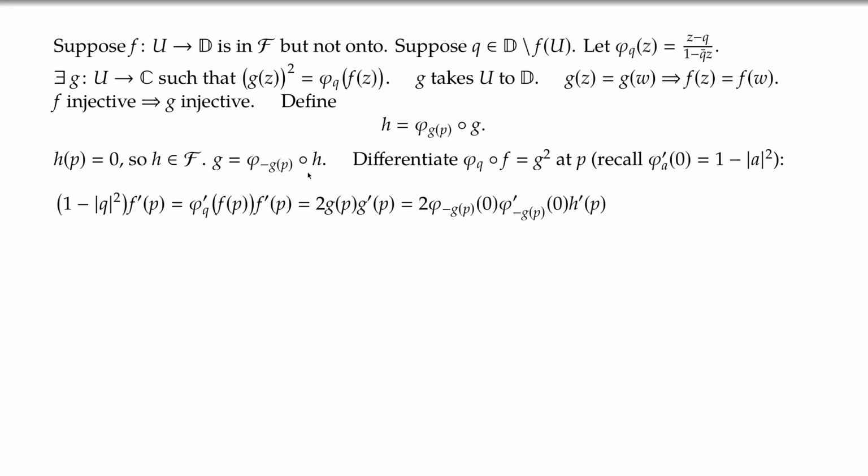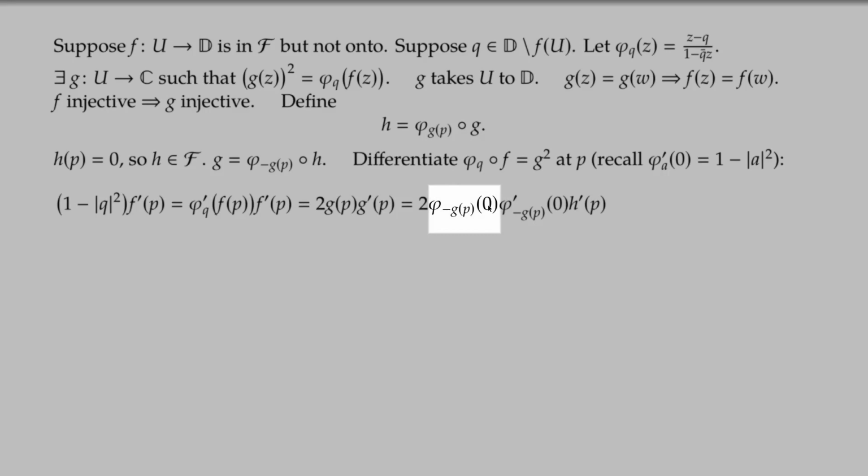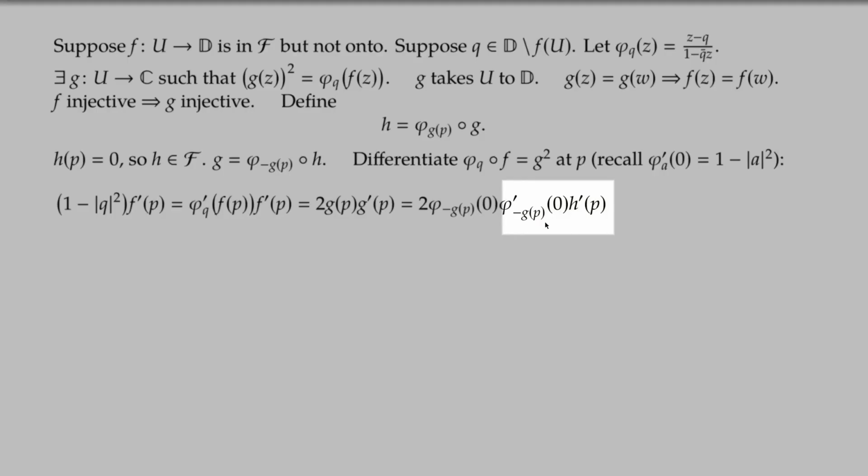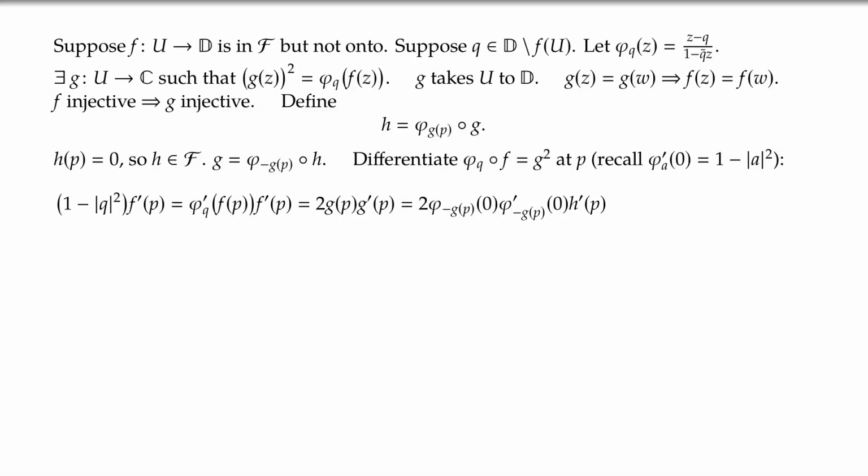So we plug in, and again, we use that h of p is 0. So there's this 2 g of p becomes this again because there's h of p over here. And then g prime, again by chain rule, it's going to be this guy over here, and now we can just solve this.